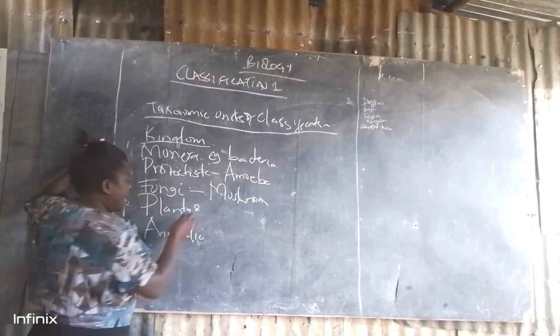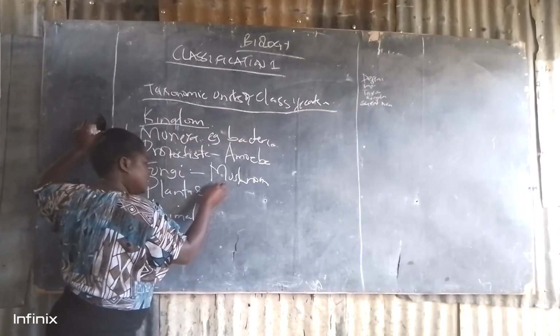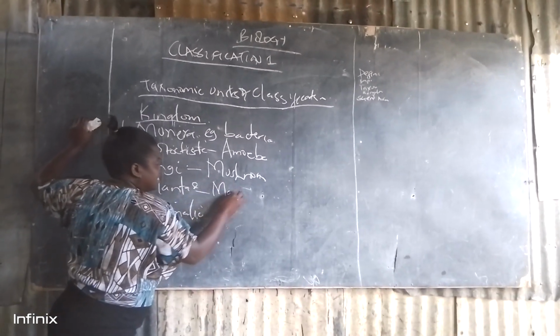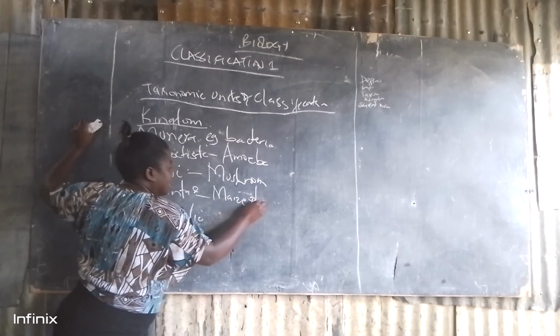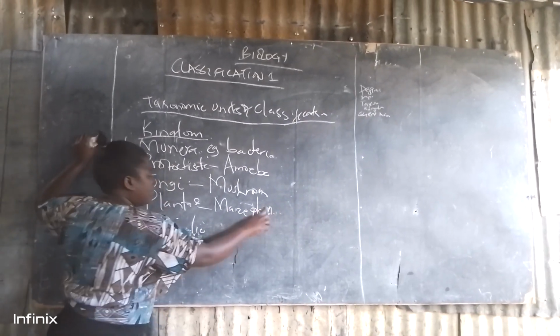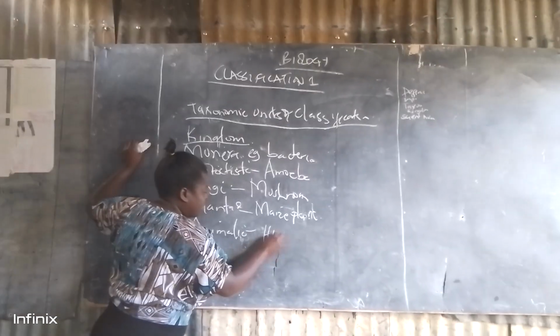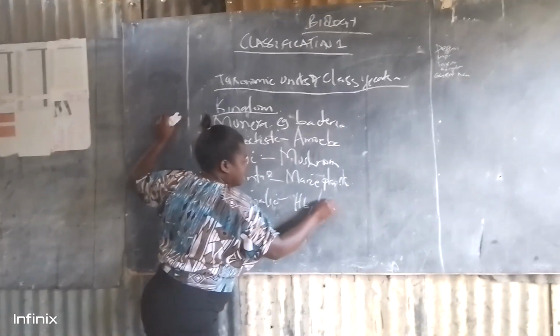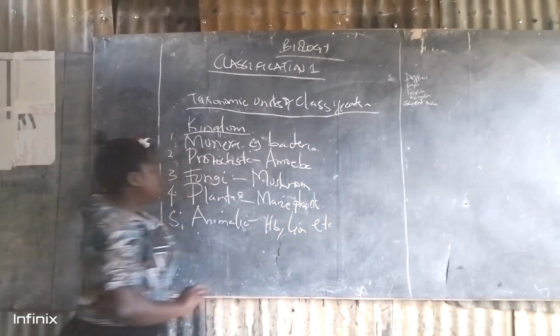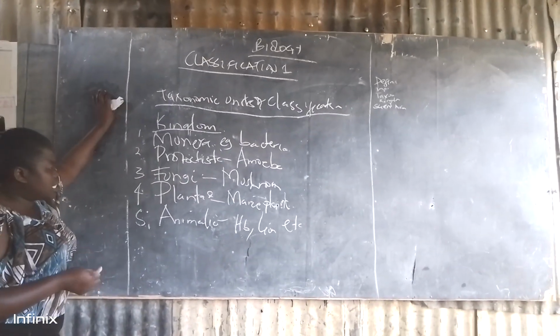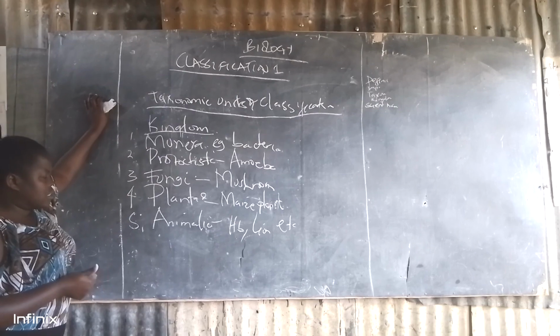Then kingdom Plantae, e.g. even the maize plant. Then lastly, we have kingdom Animalia, e.g. human being, lion, etc.